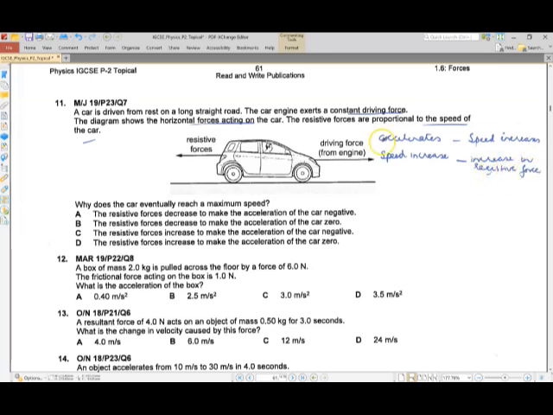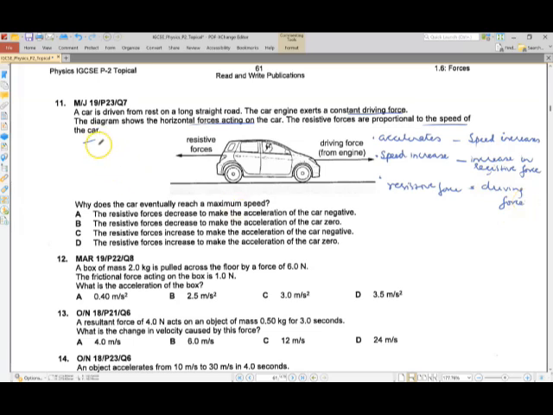We all know this by now. We've done many questions that involve this concept. At some point, the resistive forces become equal in magnitude to the driving forces. Obviously, at some point, the resistive force is going to be equal to the driving force. Then constant speed would be achieved.